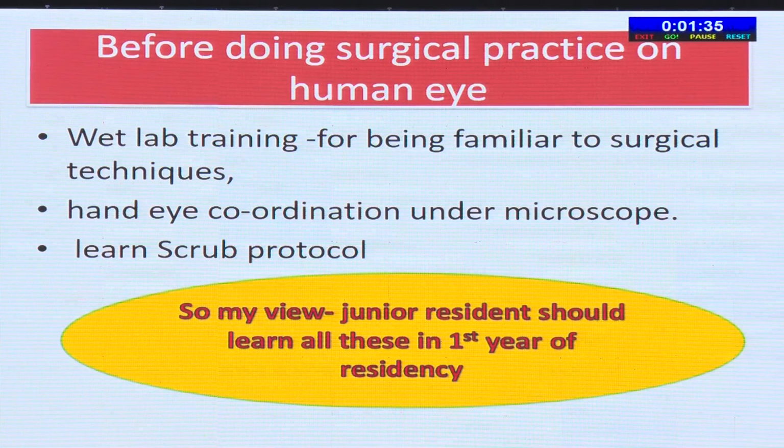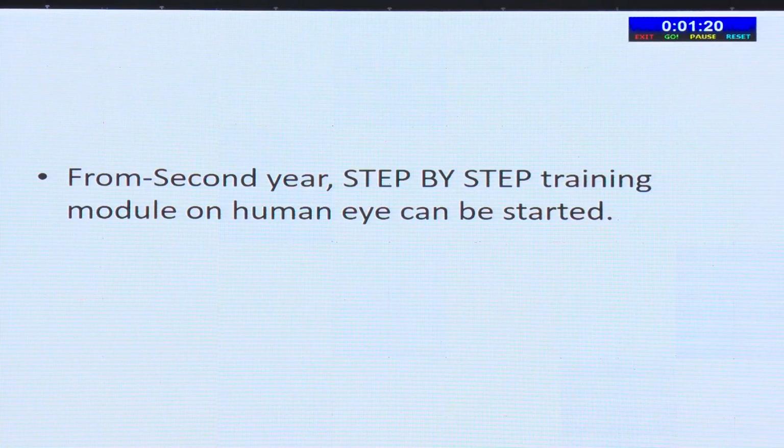Before doing surgical practice on the human eye, there should be wet lab training to become familiar with surgical techniques, hand-eye coordination under the microscope, and scrub protocol. In my view, a junior resident should learn all these in the first year of residency, and from the second year, a step-by-step training module on the human eye can be started.